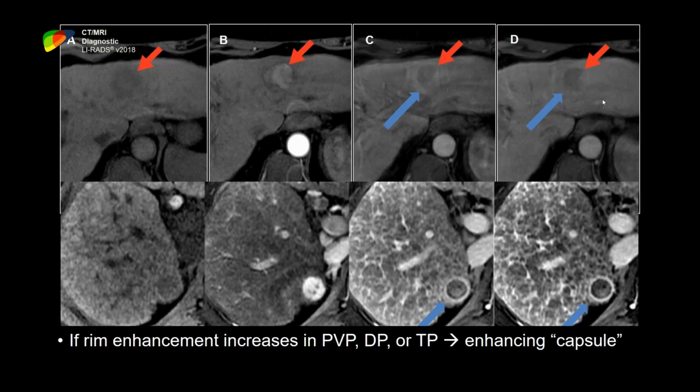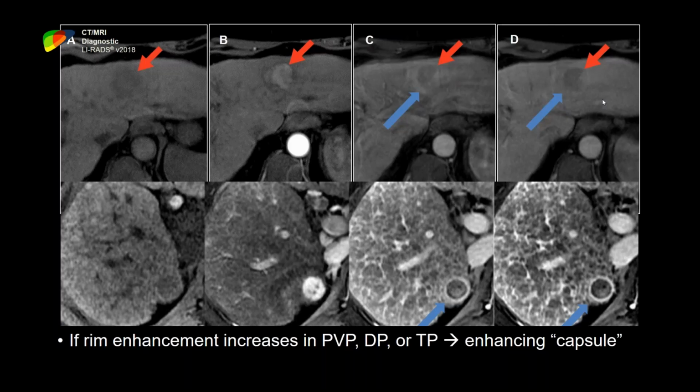Even if there is no arterial phase hyperenhancement. So even if the lesion is not hyperenhancing in the arterial phase, as long as there is some enhancement. If the lesion has no enhancement, it's either a cyst, an abscess, or it's necrotic, then we don't talk about washout. But if there's some enhancement, meaning that the lesion is alive, there is blood flow into that lesion, if it looks like it's getting darker, you call it washout. If it doesn't look like it's getting darker, you don't call it washout.